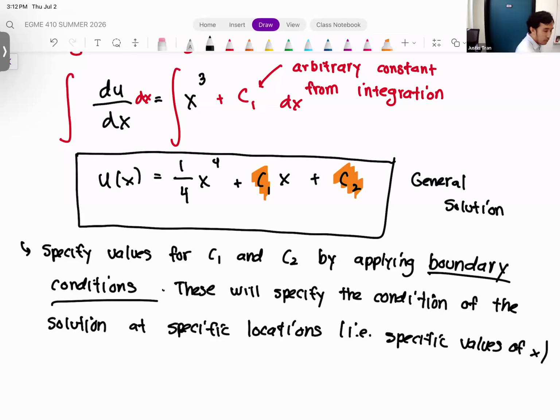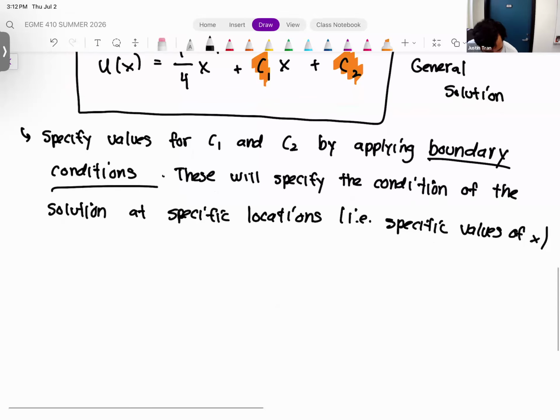By doing so, we can solve for the values of our arbitrary constants C1 and C2. So for example, let's try this boundary condition here. Let's say our first boundary condition is u of x equal to 0 is equal to 18.